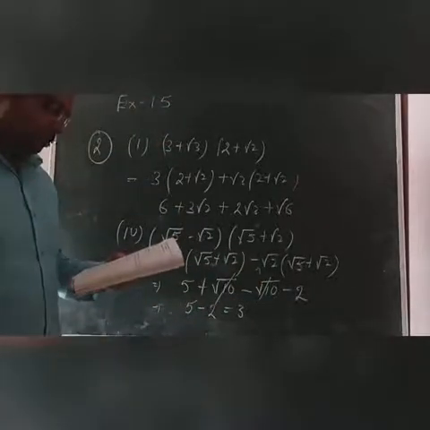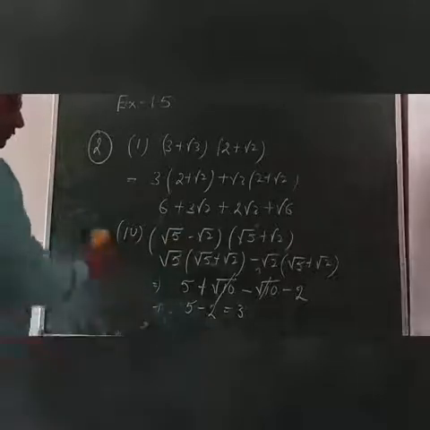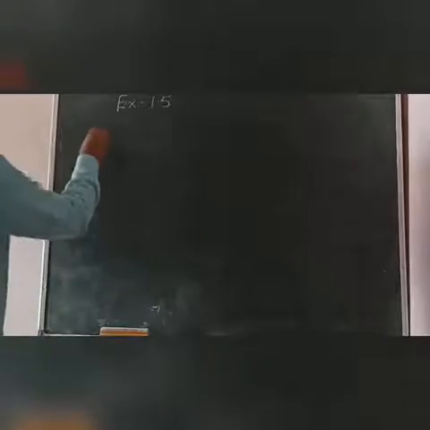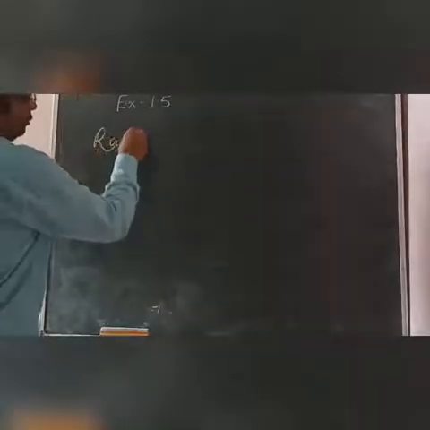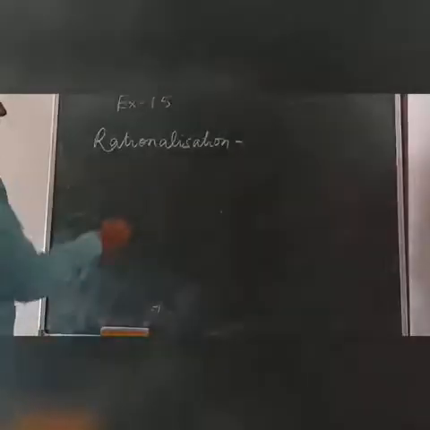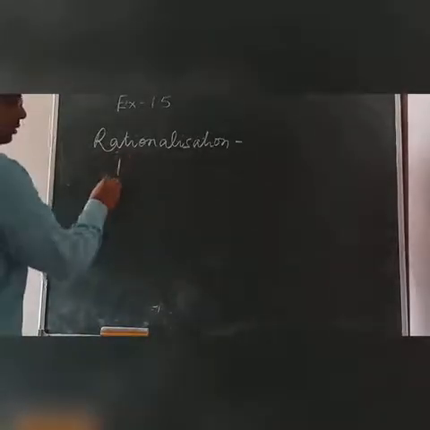Now question number 4 I have discussed before this video. Now question number 5. Before question number 5, if any irrational number is given, how can we rationalize that number? Suppose an irrational number is given, such as 1 upon under root 2.